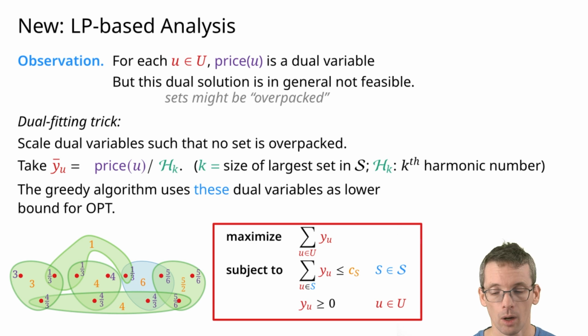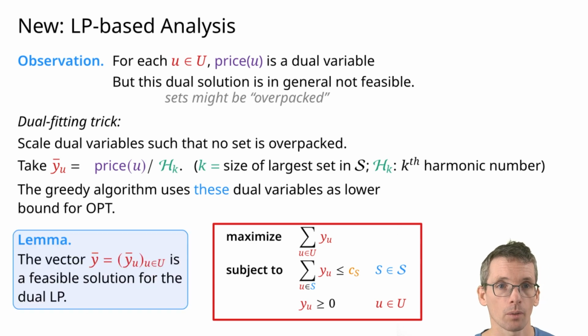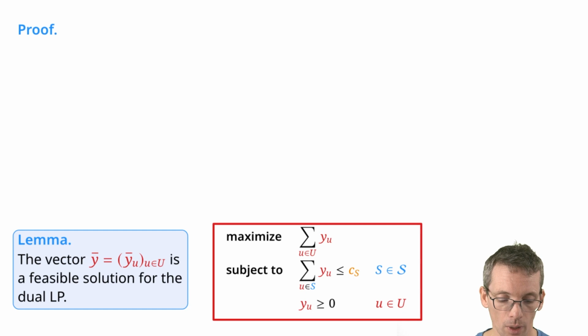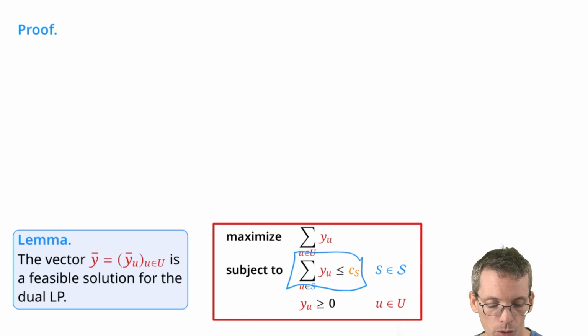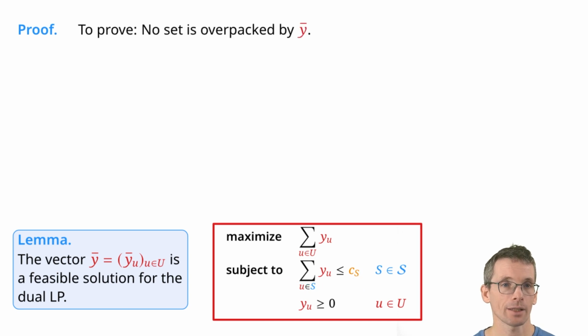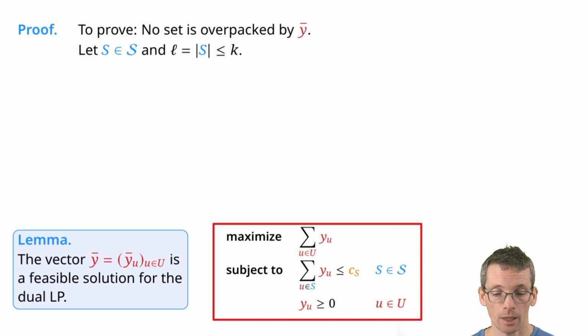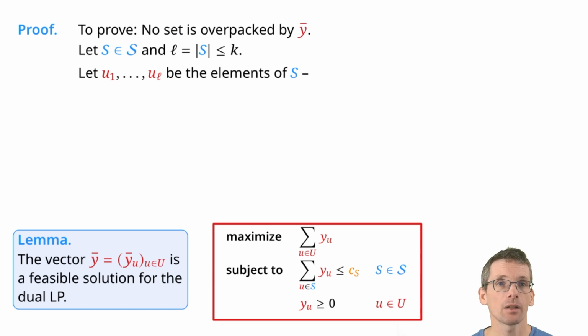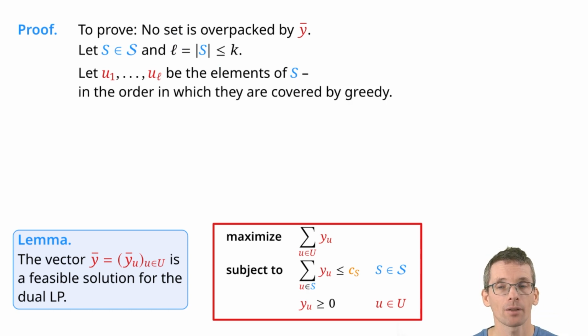And for the greedy algorithm, we can now use these dual variables as a lower bound. This we show in the following. We want to show that the y bar are a feasible solution to the dual LP. That means we have to prove that these constraints hold. So for every set, I need to show that I'm not overpacking that set. So let's pick a set. Let's say its size is L; because the largest set has size K, L is smaller or equal to K. Now let u_1 to u_L be the elements of that set in the order in which they were covered by the greedy algorithm.